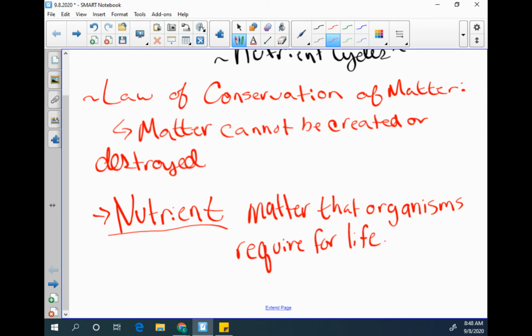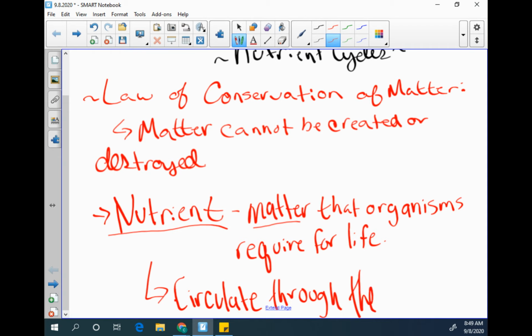Any atom, matter that an organism requires for life, and they cycle through the environment. I'm going to use the word circulate, if I could spell. Circulate through the environment.